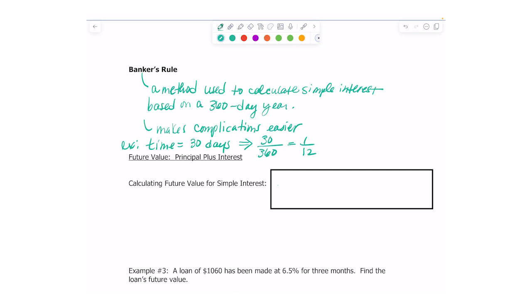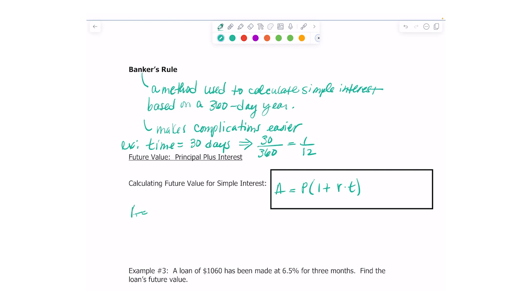An important formula that we can look at is called future value. Future value is how much you'll have in your account or how much you'll owe at the end of a certain term, right? So think of it as the principal plus the interest. The formula for it is: amount, or A, the amount due or future value, is equal to P times 1 plus the rate times the time.